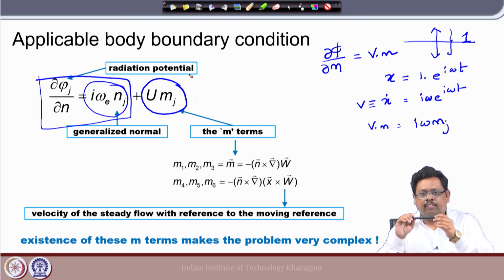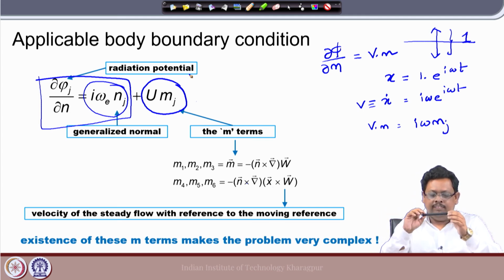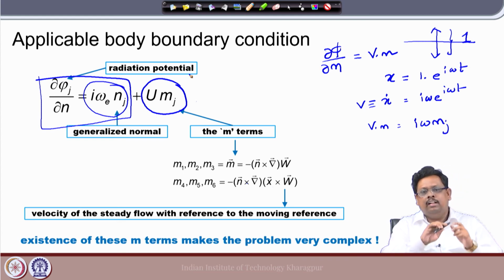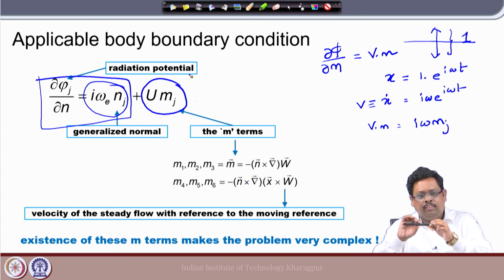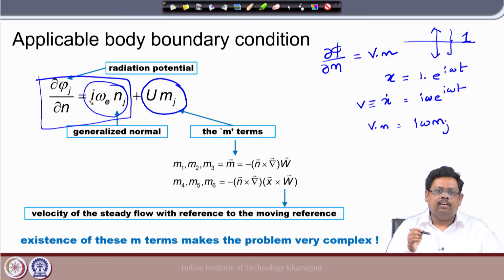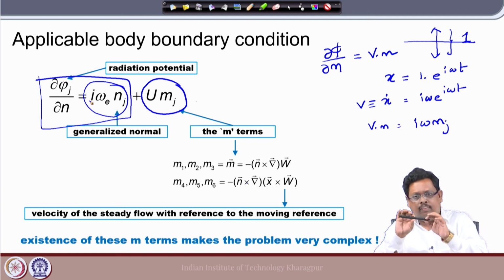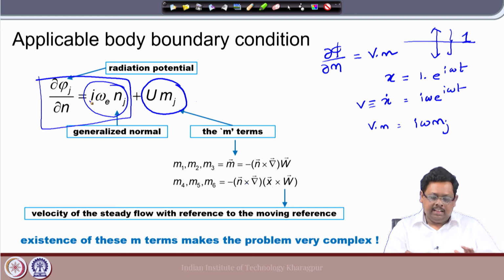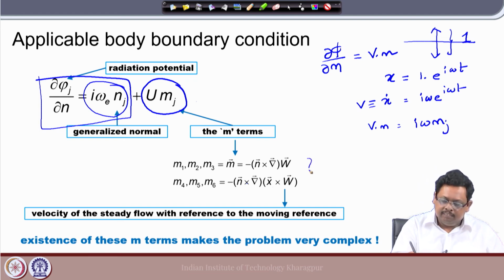In case of forward speed, the ship is moving forward as well as oscillating, right. When the ship moves forward as well as oscillates, for the first part, when it oscillates, the first term is there, so it is omega e n. Because of this forward speed, you can also have some kind of waves, and that is taken care of by these m terms.